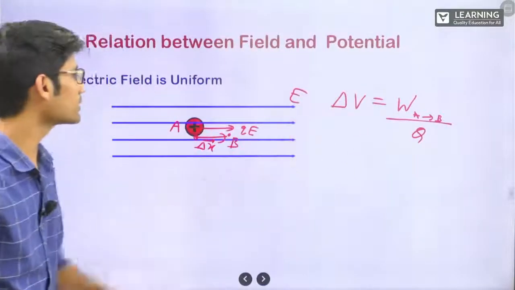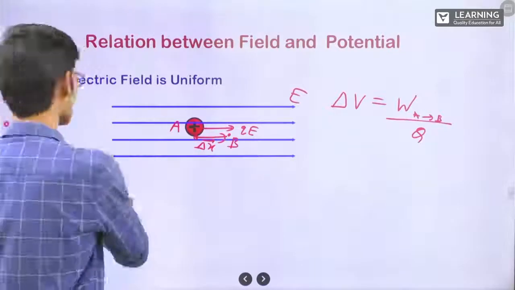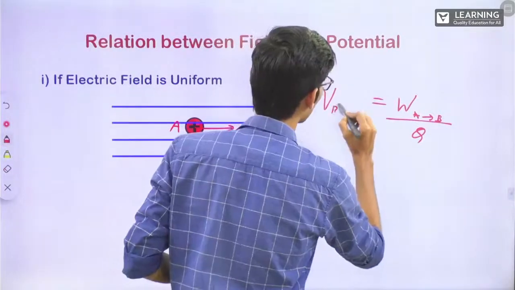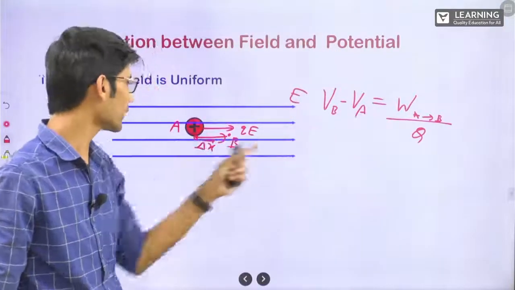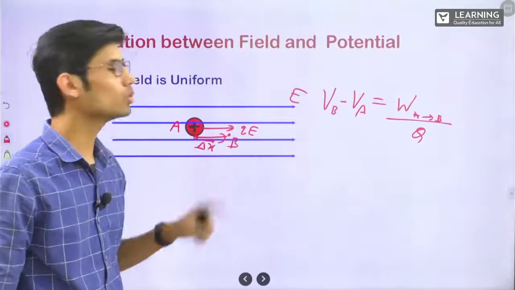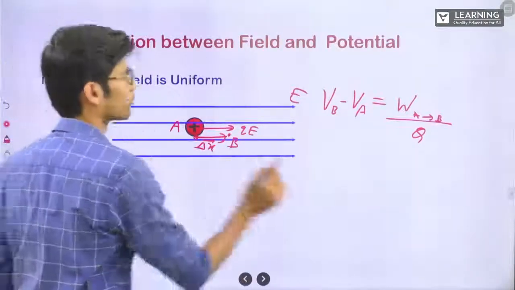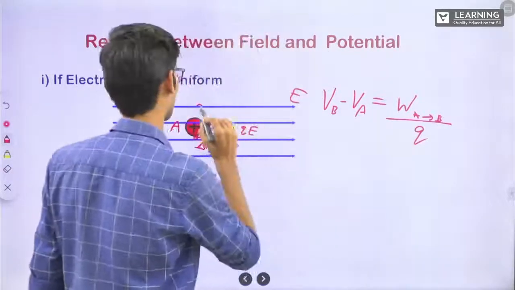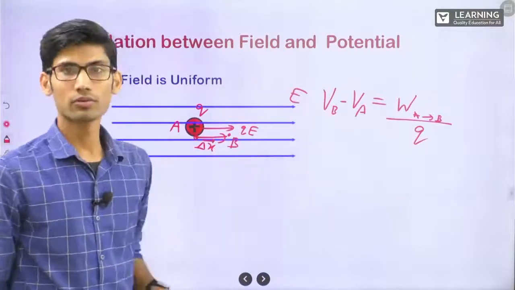Where this delta V is VB minus VA, correct? VB minus VA is equal to work done on moving this charge from A to B divided by the charge. The charge is small q, let's say. Correct? I hope this is clear.